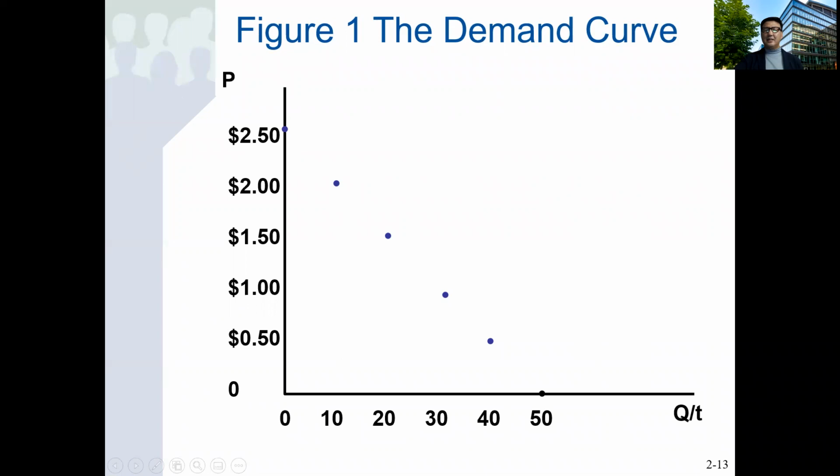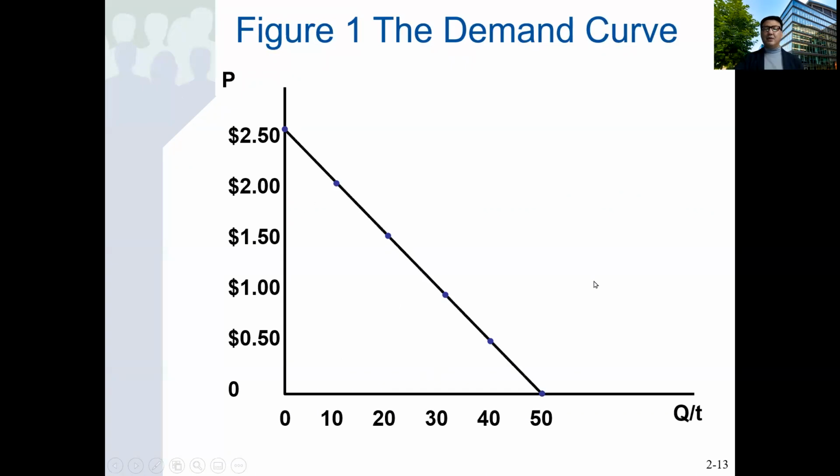So let's just say this is per week. If you lower the price to $1.50, probably you will have people buying about 20,000 orange juices, and so on and so forth. So as you lower the price, the quantity demanded of orange juice increases. That's what this really means.